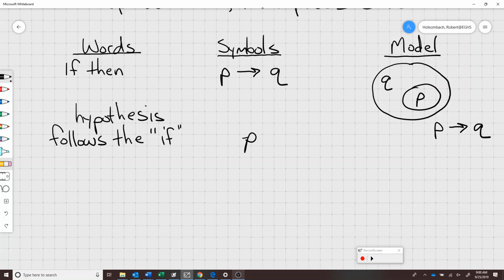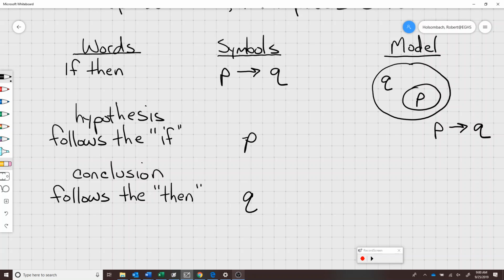The conclusion of this conditional statement follows the word then. And it's represented by, or its symbol is, lowercase cursive q.